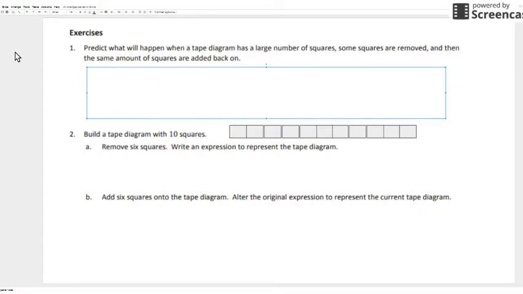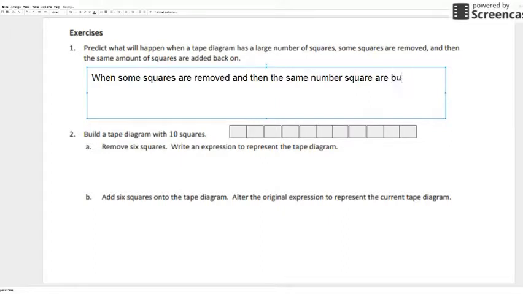Well, if you think about it, when some squares are removed, and then the same number of squares are put back, what do you end up with? You end up with the same number you started with.